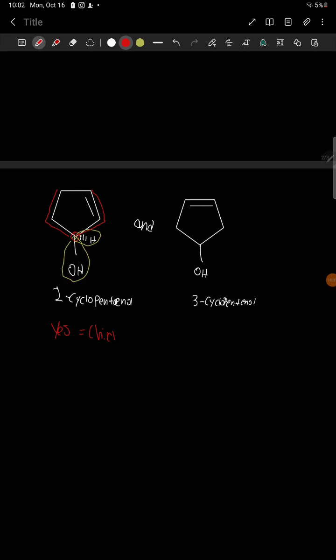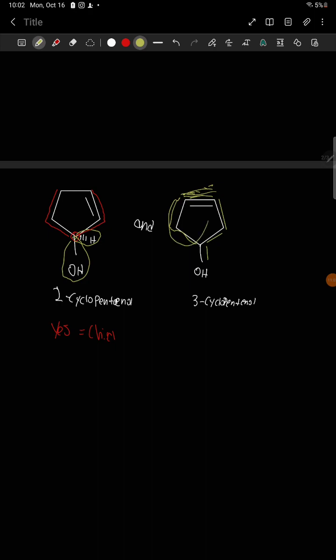How about this structure? The next structure, 3-cyclopentanol. We're going to do the same thing. We're going to go OH, and follow 1 carbon, 2, still another carbon. This side, 1 carbon, 2 carbon. Now look at this. No matter which way we go, we're going to run into that double bond. It's going to be the same thing. So what does that mean?